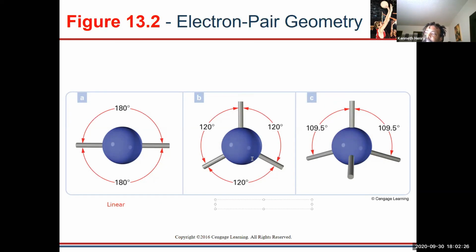If we have 3 attachments, 3 electron pairs around each other, this is going to be called trigonal planar, meaning that they're all in the same plane, and you have 3 attachments.